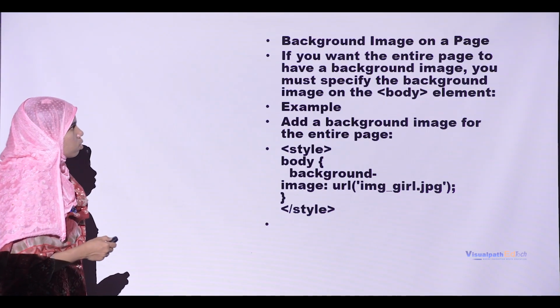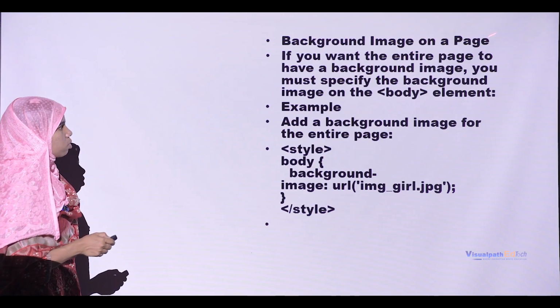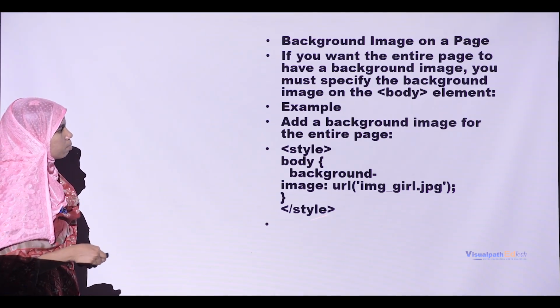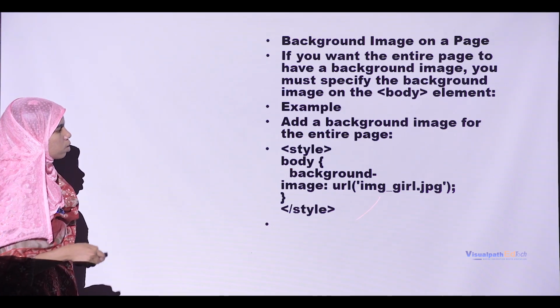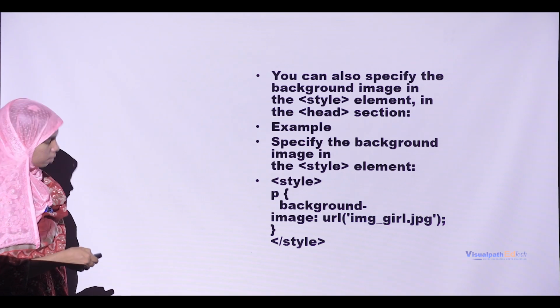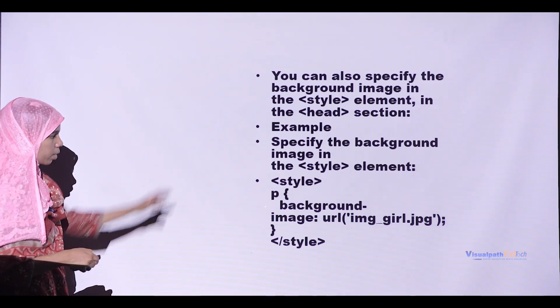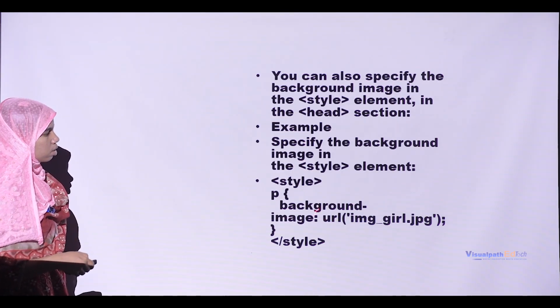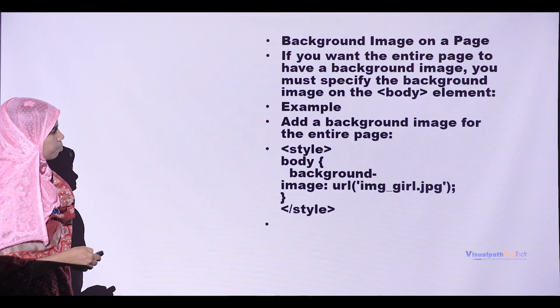So what is a background image? It's an image that will be displayed onto the page as a background. You can see here the entire page. When you give it in the body section, it will be applicable to the whole background of the page. Previously, we gave it inside the paragraph, so for that particular section of the paragraph only, that image will be applied.